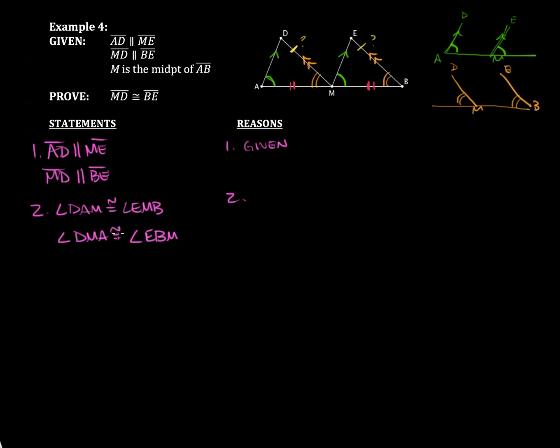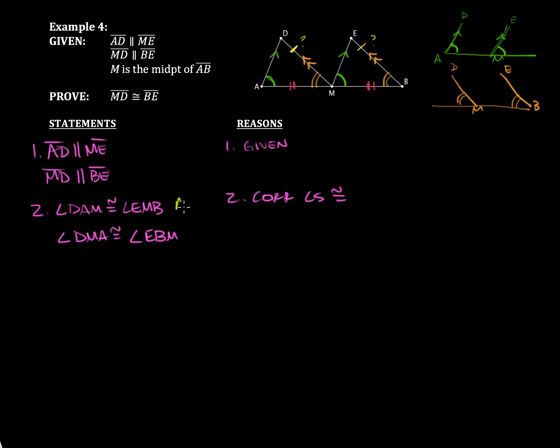The reason why I'm going to combine those into one statement is because I'm going to use the same reason for both. It was the fact that those angles are corresponding angles. Corresponding angles are going to be congruent when the lines are parallel. So I'll just say corresponding angles are congruent is why these are congruent.